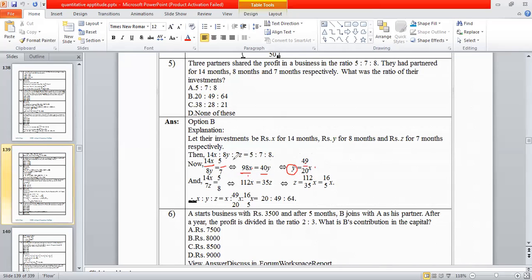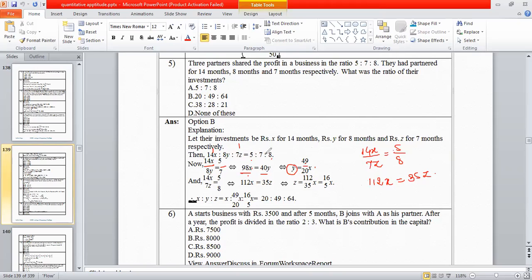Then comparing the remaining first one and last one, taking those ratios. So 14x divided by 7z is equal to 5 divided by 8. So it is 5 by 8. Again 14x into 8, 112x is equal to 7 into 5, it is 35z.